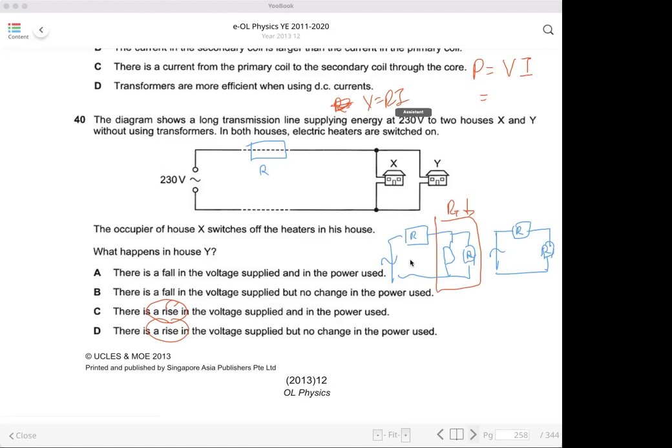Since there's no I that's been given to you, you know that power is V squared over R. So the R here is the same, but since the V increases, your power will increase as well. Is that clear? So Bei Kwan, the answer will be C.